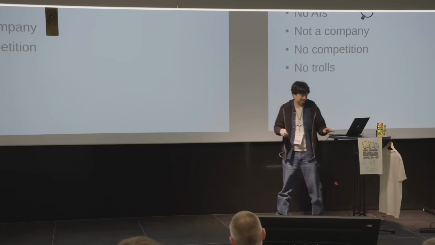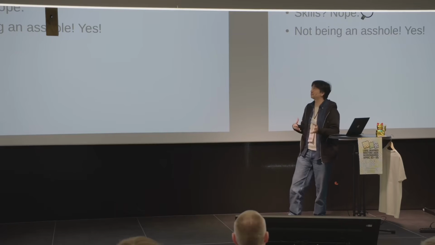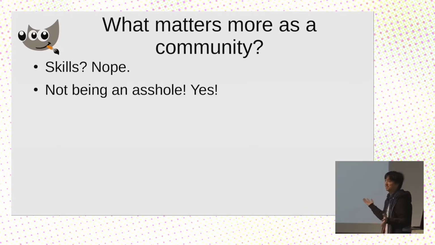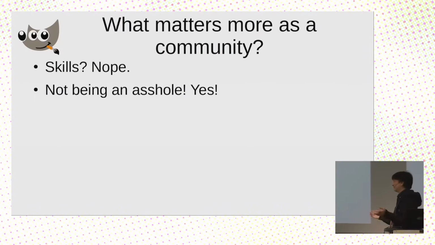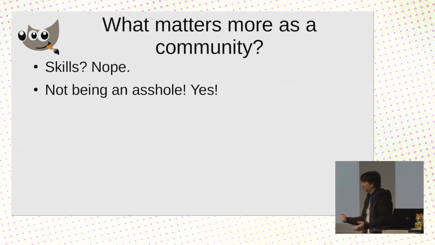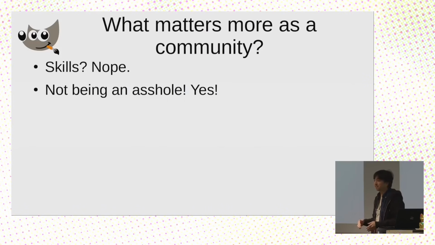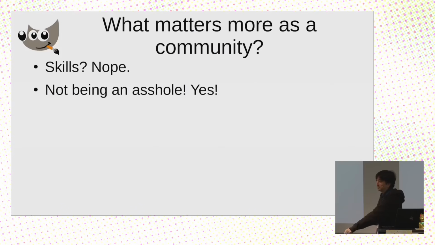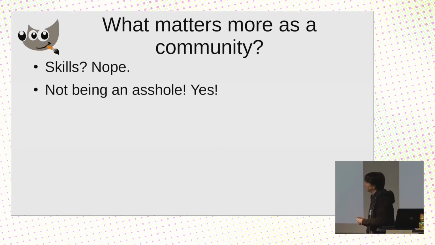And no trolls. That's an important thing, because when you want to make a community, the most important thing is not the skills. It's not being an asshole, right? So when trying to get new core team members, sometimes there are people who may be very good. Sometimes they are not very good, but they think they are geniuses.